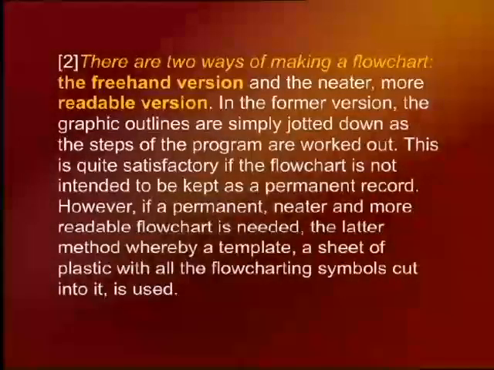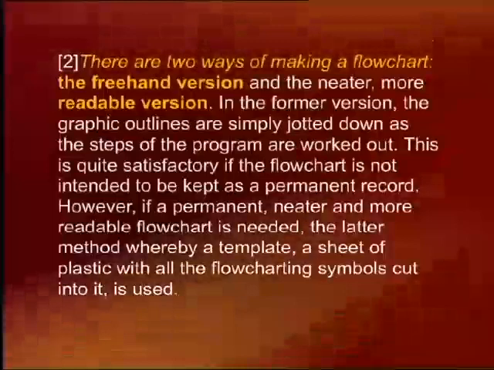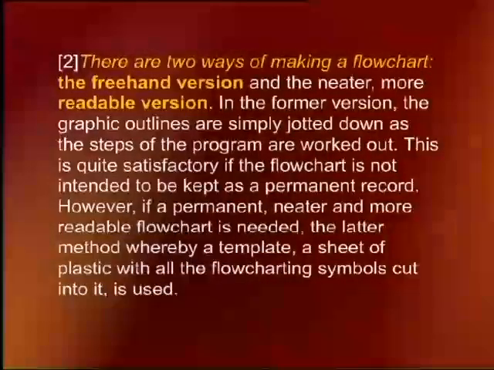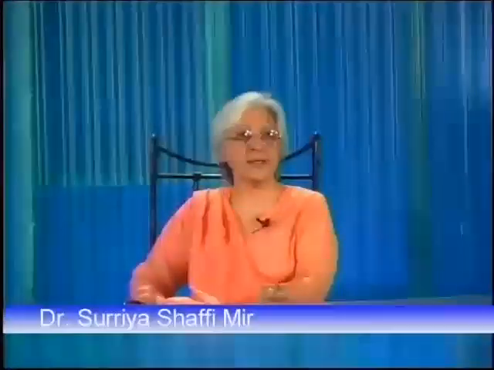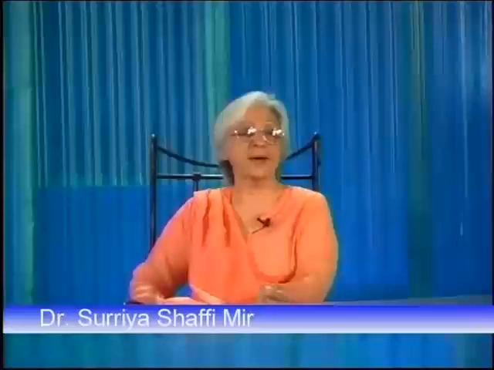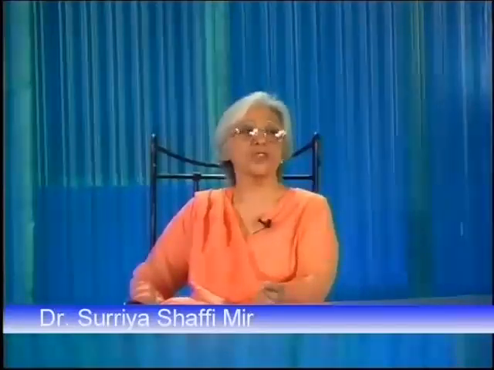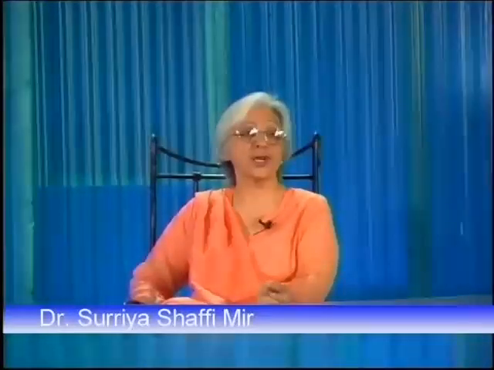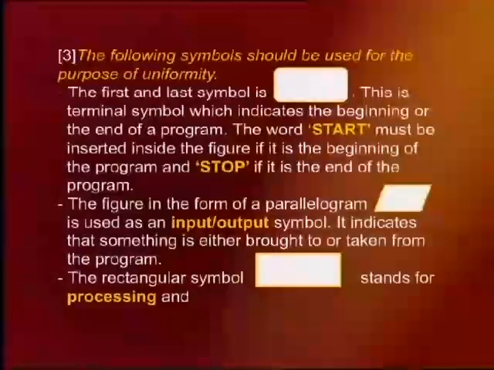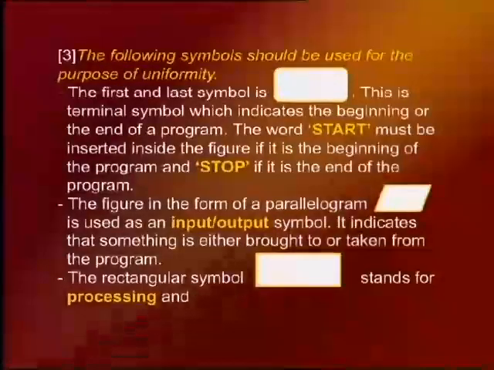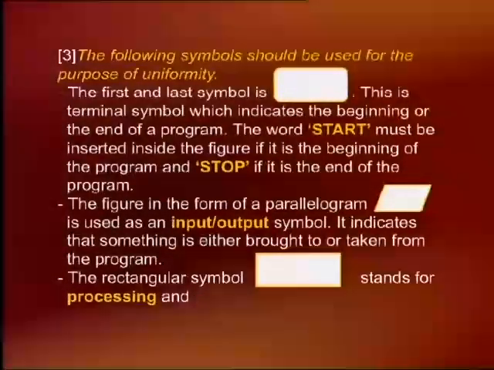However, if a permanent, neater, and more readable flow chart is needed, the latter method is used, whereby a template, a sheet of plastic with all the flow charting symbols cut into it, is used. The following symbols should be used for the purpose of uniformity.